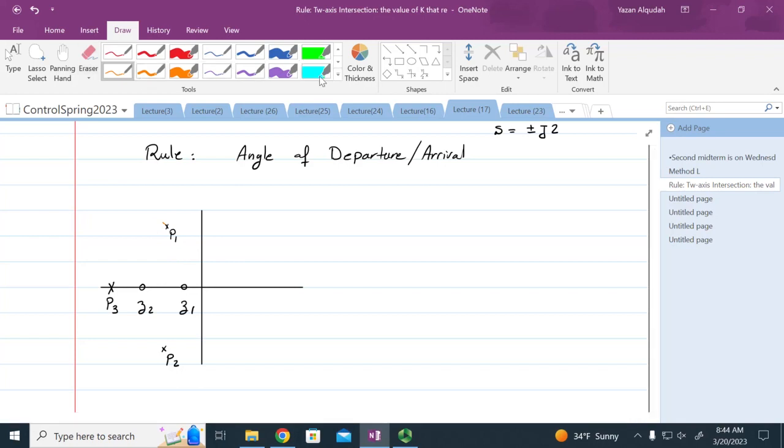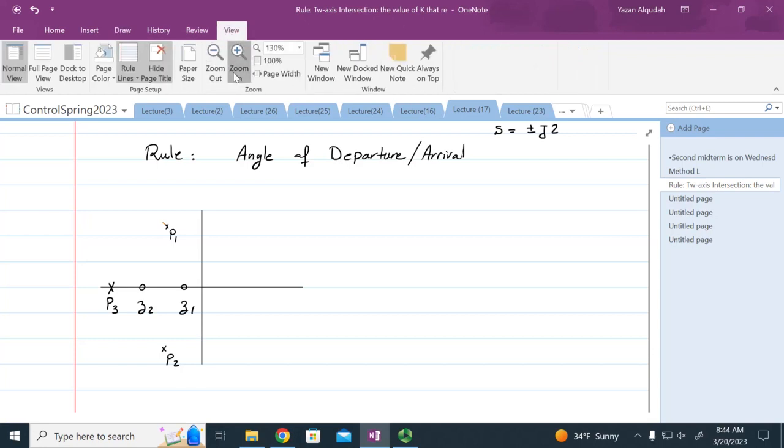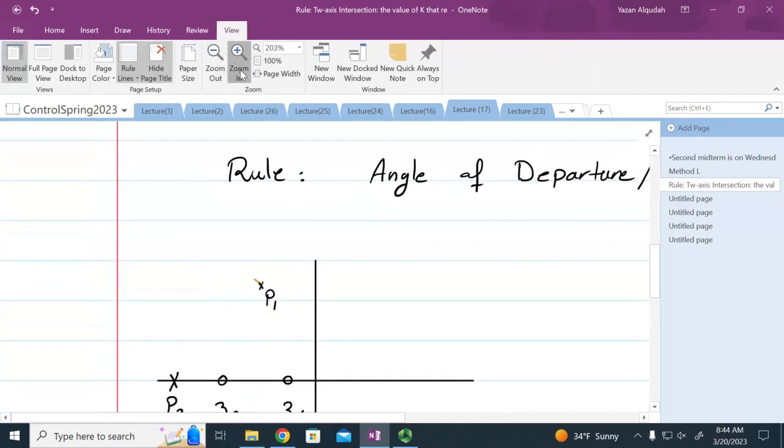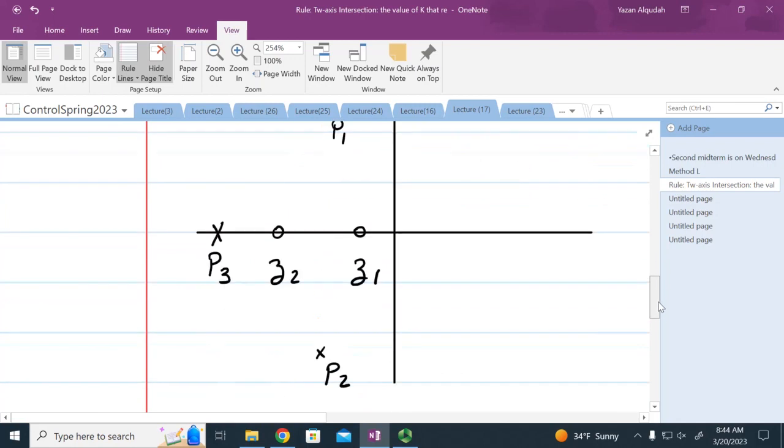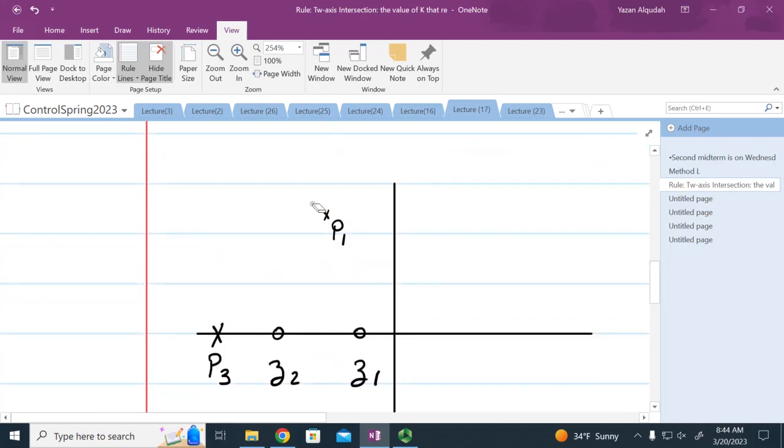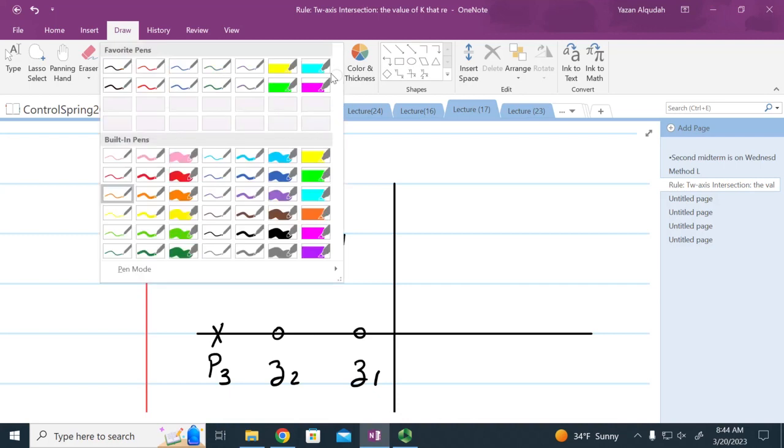This is what we're going to do. We're going to come here, we're going to zoom in and make this much bigger. And I'm going to say, okay, I know how this is going to depart.